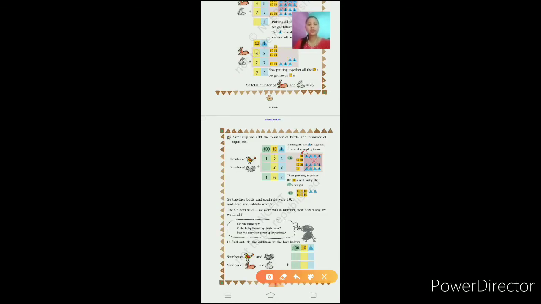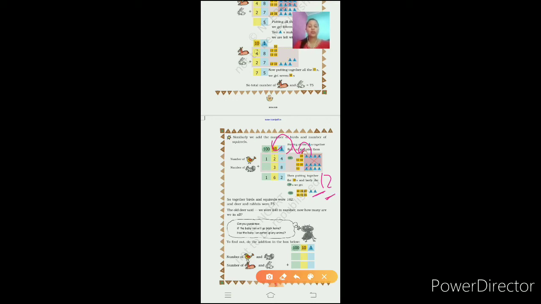The total number of birds is 124 and the total number of squirrels is 38. So 8 plus 4 is 12. And 3 plus 2 is 5, and that is 100. Now in 12 there is 1 ten, so it moves to the left-hand side.